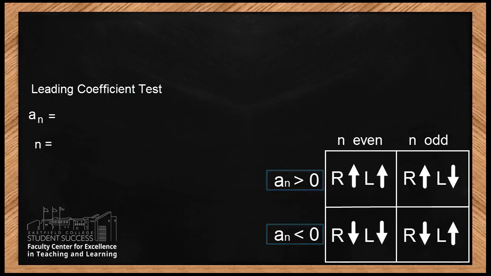Hence, we'll have 4 cells, 4 possibilities. Okay? The quickest and easiest way to remember this particular test is to look at the two functions that I gave you, the quadratic function and the cubic function, and remember the transformations.